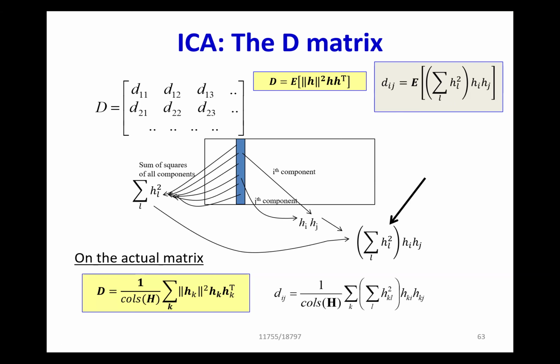The H squared norm term is different. The squared norm is an additional term, right? If you didn't have the squared norm term, you just have H times H transpose. That's a second moment. If I multiply that by this extra term, now this becomes a fourth moment, correct? Everybody see that?